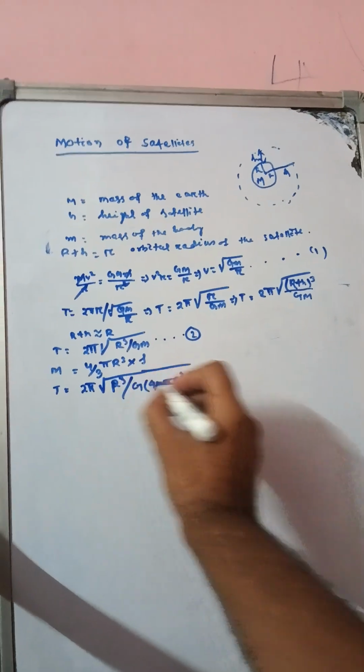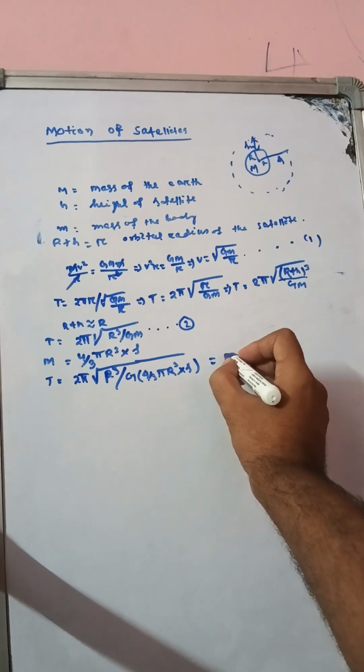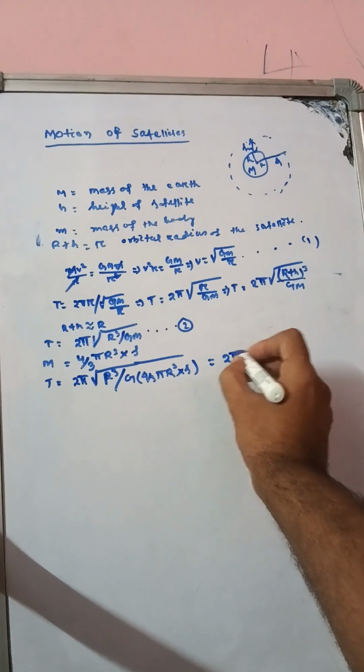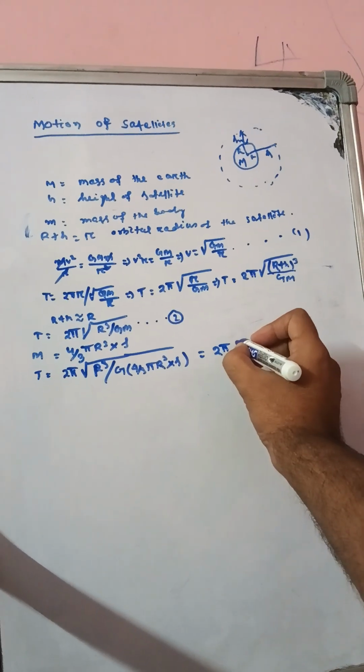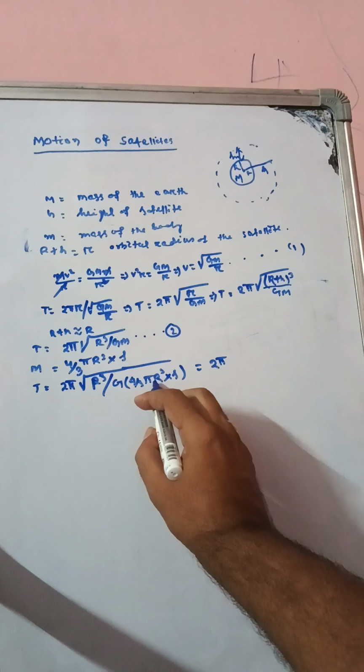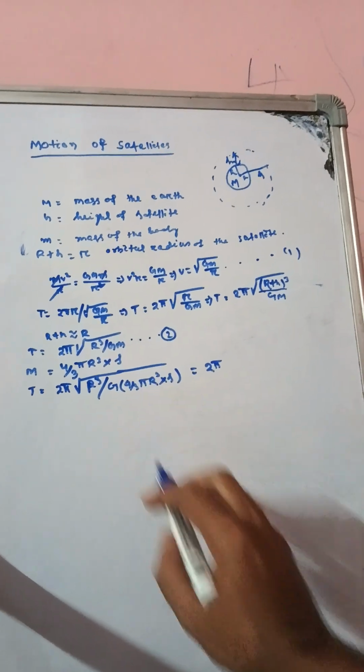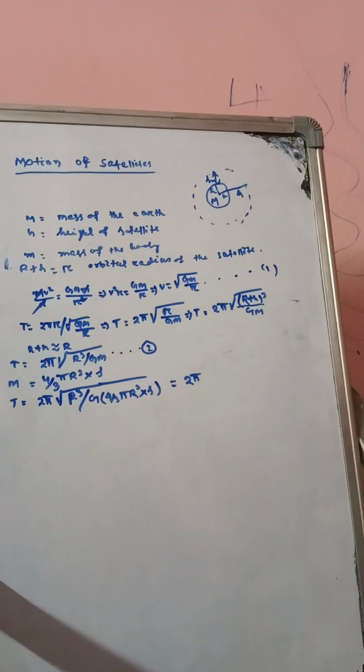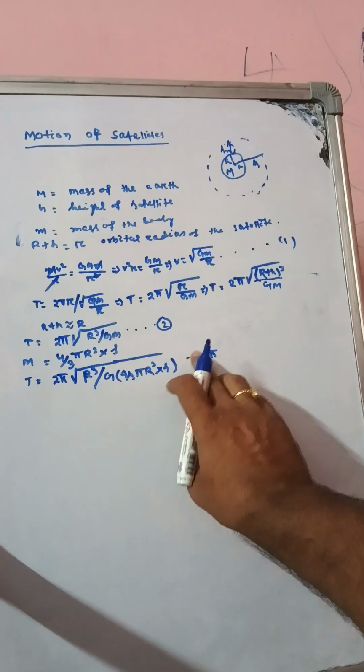R cube will be cancelled, then 2 pi, 1 by G 4 pi rho.